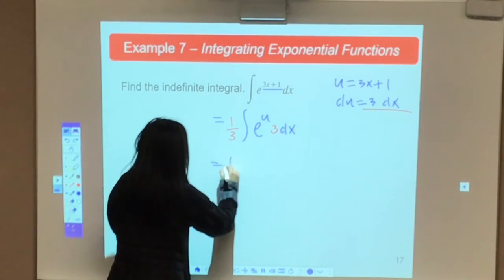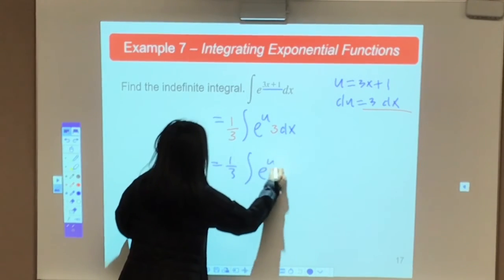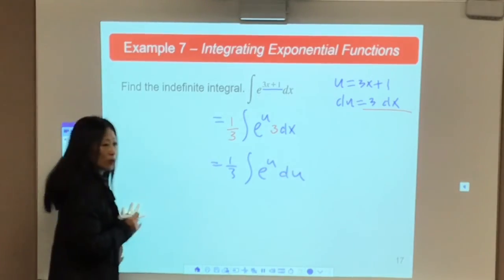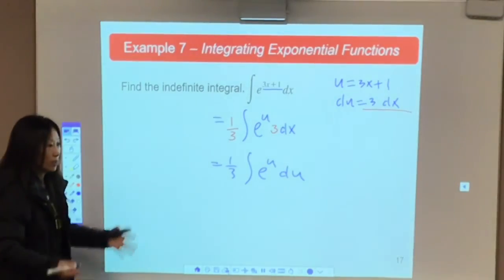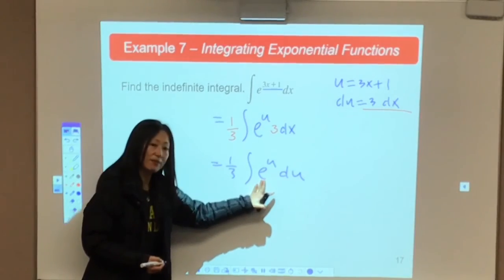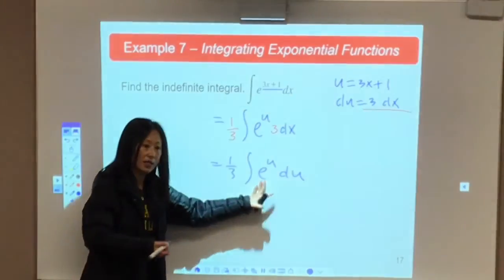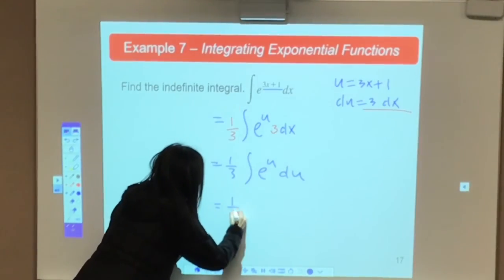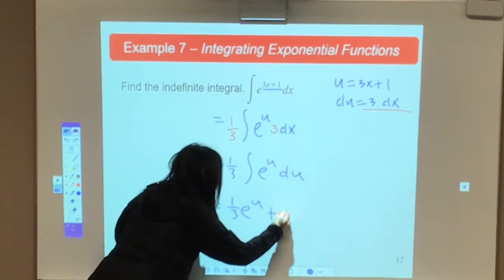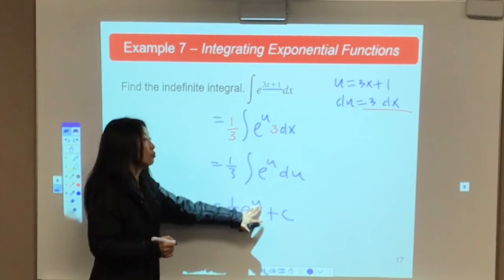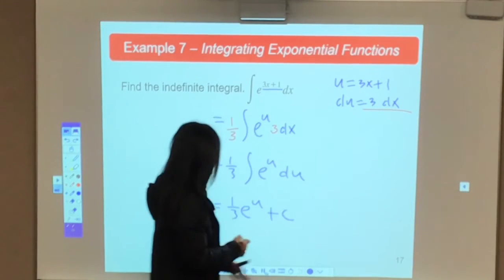I can rewrite it as 1/3 e to the u du. Then you say, oh, I know what it is. The antiderivative of e to the u is the same as e to the u. So my answer is 1/3 e to the u plus c. And then I'm going to replace u with 3x plus 1.